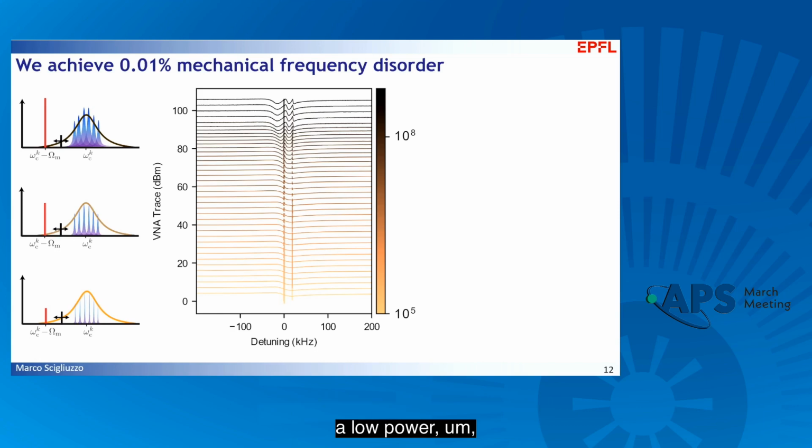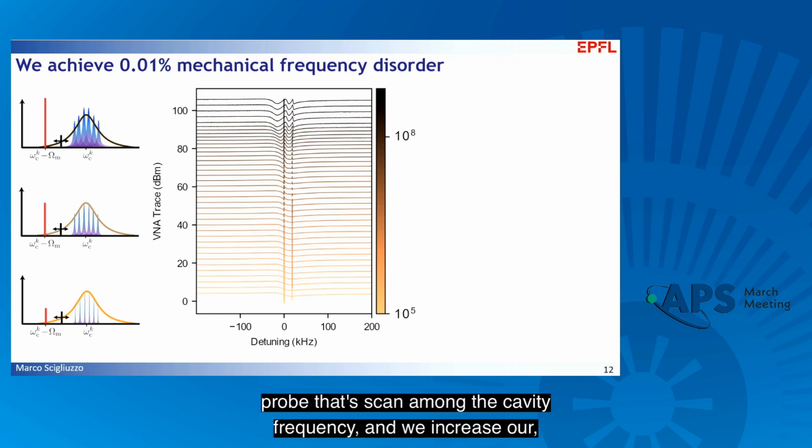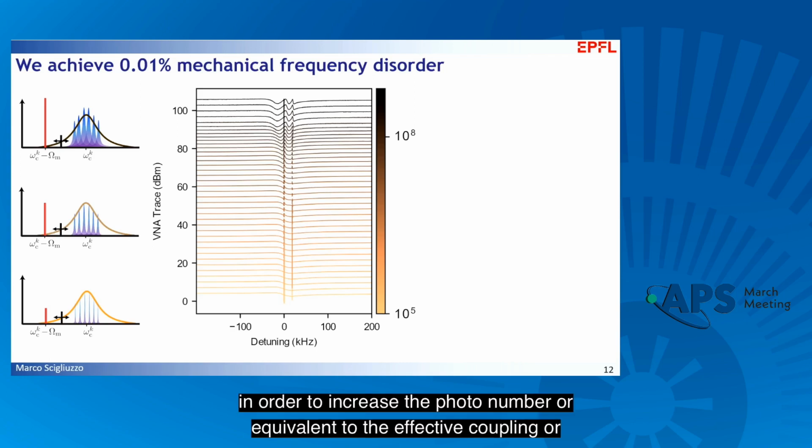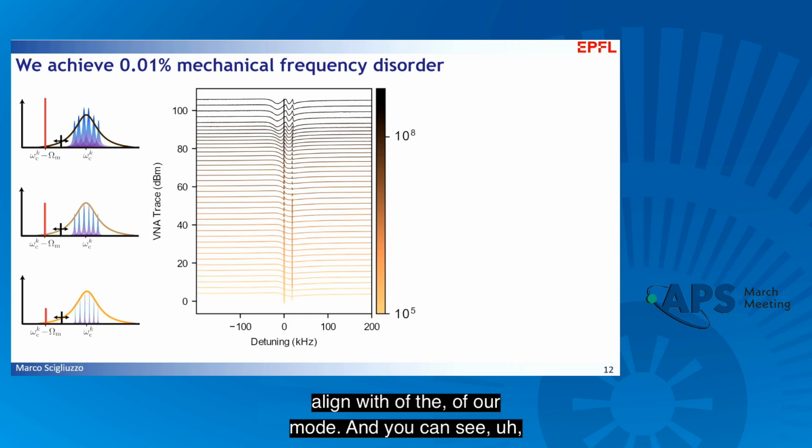We have a low power probe that scans across the cavity frequency, and we increase our red-detuned pump in order to increase the photon number, or equivalently the effective coupling or line width of our mode.